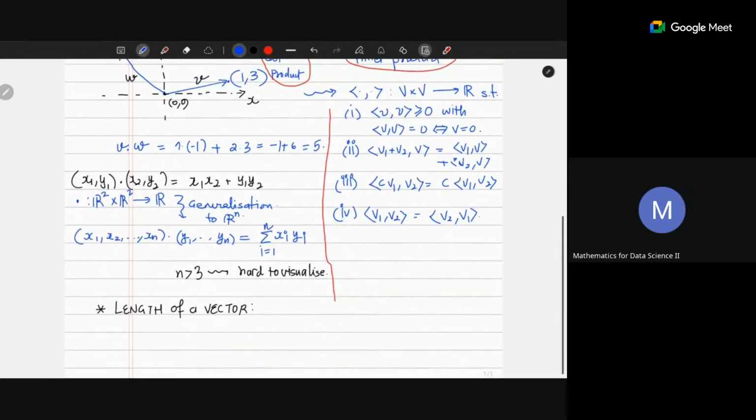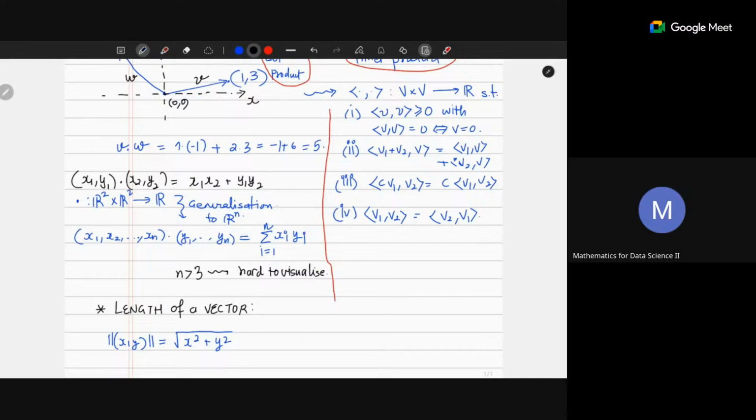So how do we define the length of a vector? The length of a vector v or x comma y in R2 is the square root of x square plus y square, right? So this is the length of the vector.